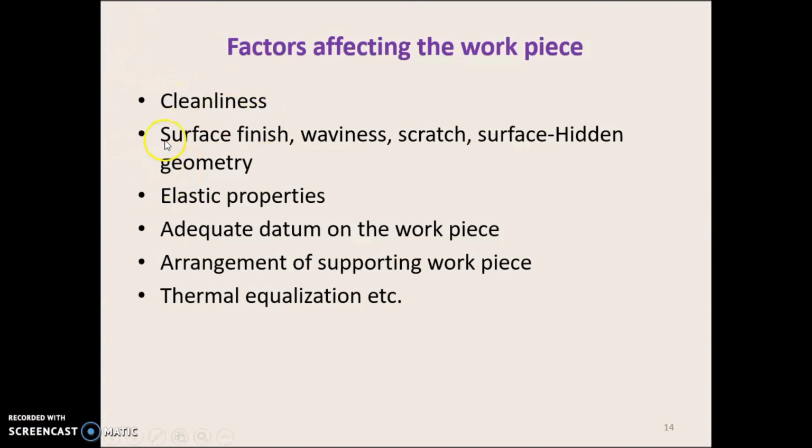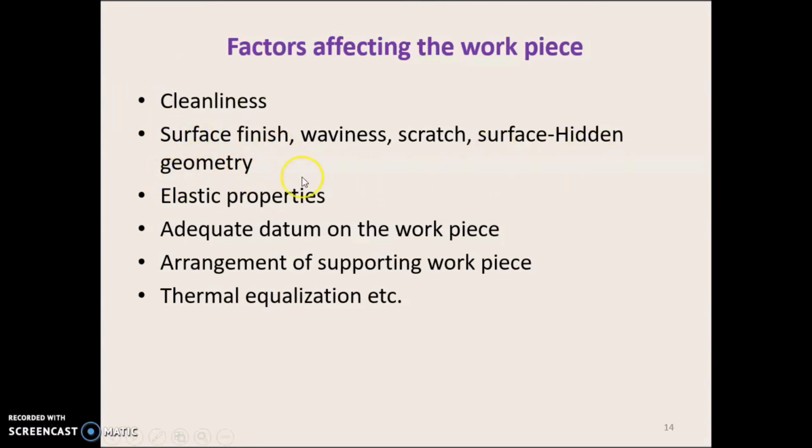Then similarly, we need to know what is the surface finish, what is the waviness of the workpiece, whether there are any scratches on the workpiece, whether there is any surface hidden geometry. Say for example, on the surface it looks good, but 1 layer or 2 layers below the surface, the workpiece may not be of the required geometry.